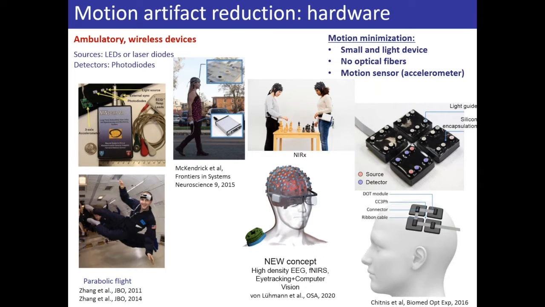Conventional heavy fibers can also contribute to motion artifacts because the subject basically carries all these fibers on their head. These new systems are LED-based, and LED sources can be placed directly on the scalp, which can reduce motion artifact-related contamination. And as I said, we see more and more of these mobile systems, which keep getting lighter and so more robust to motion artifacts.